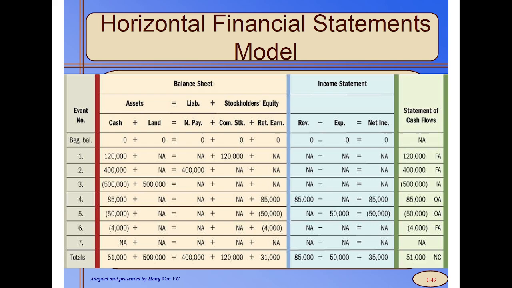It is a powerful tool for understanding the interconnectedness of the four financial statements. We won't go through a full example today, but it's an important concept to be aware of as you continue your study.